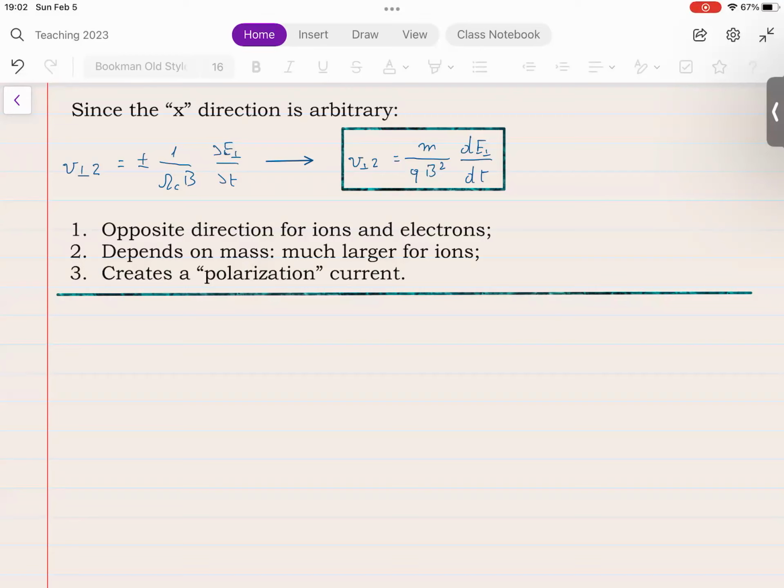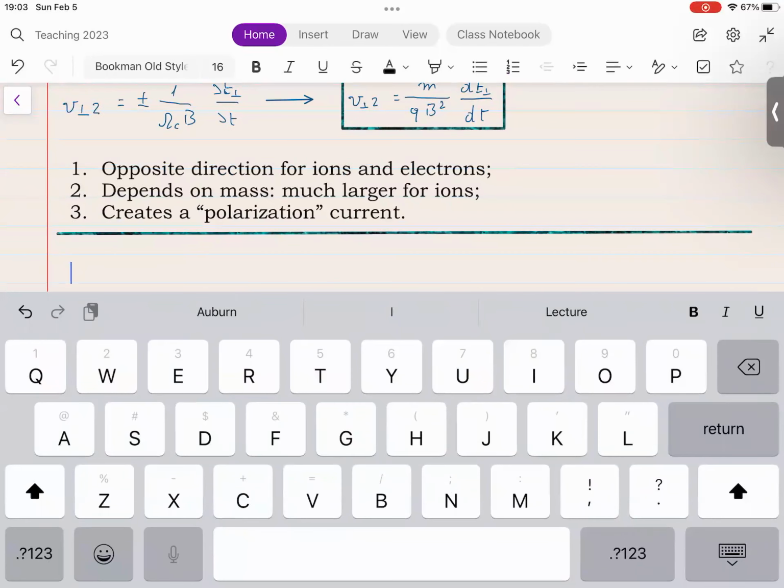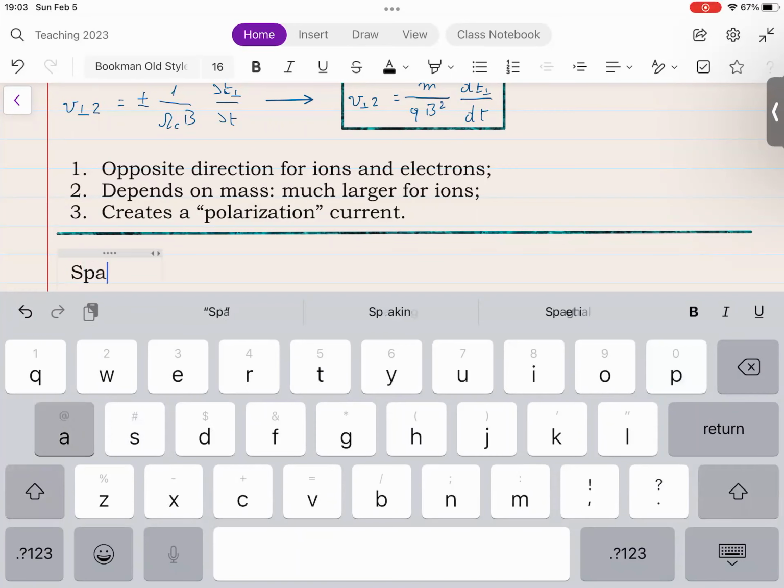I'm just going to very briefly sketch the treatment of decays with space varying or space dependent fields. Let's see.